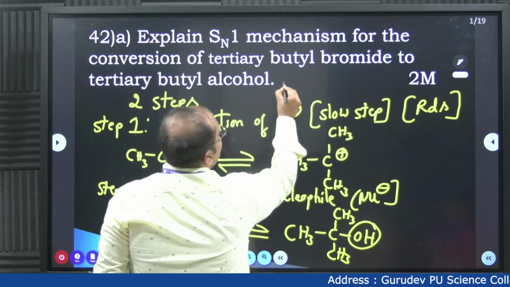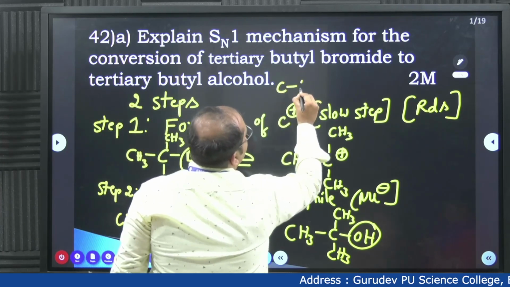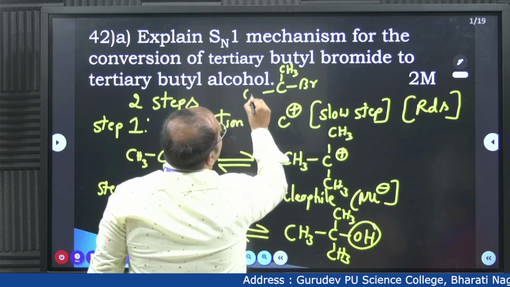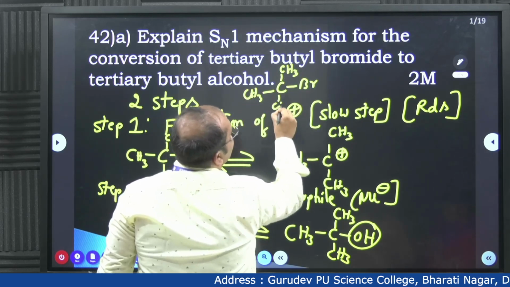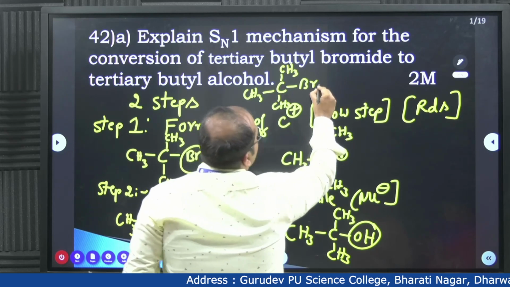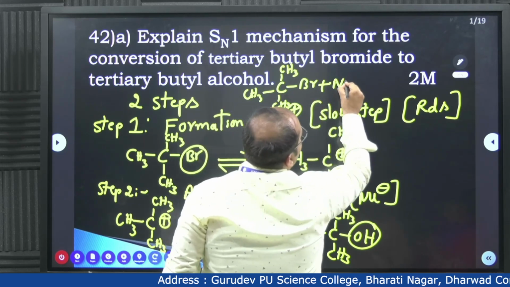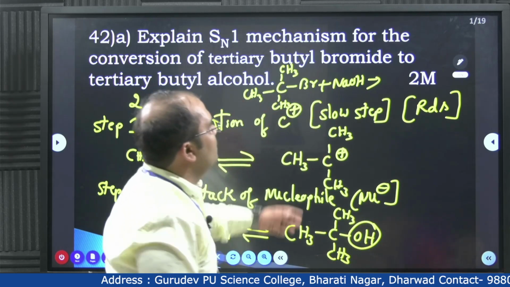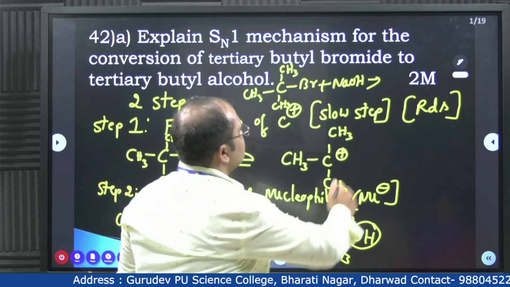You can simply take the general reaction, that is the formation of tertiary butyl alcohol by the addition of NaOH.